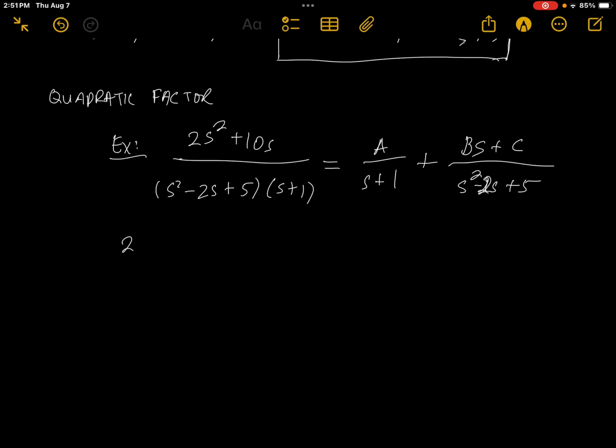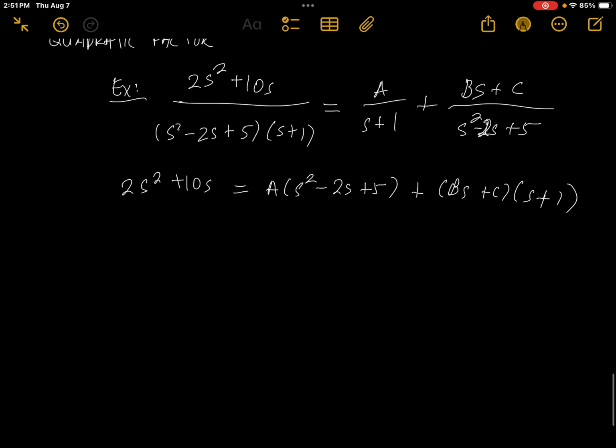Okay, so again, we multiply both sides by the denominator. 2s squared plus 10s equals a times s squared minus 2s plus 5 plus bs plus c times s plus 1. Well, let's do the method where you plug stuff in. So what are we going to plug in? You look at the linear factors. There's an s plus 1 here.